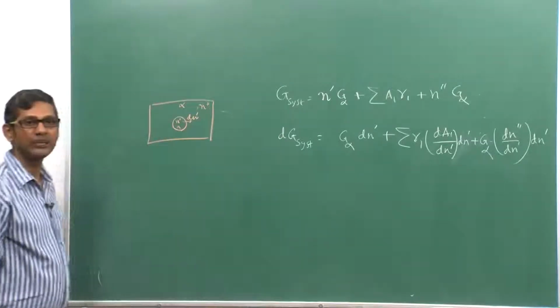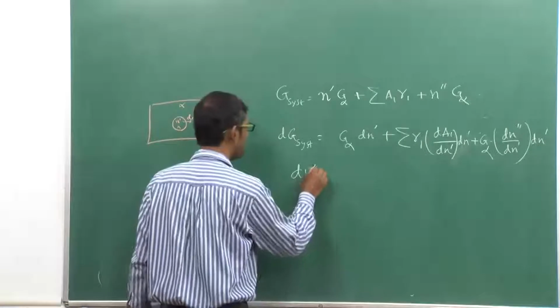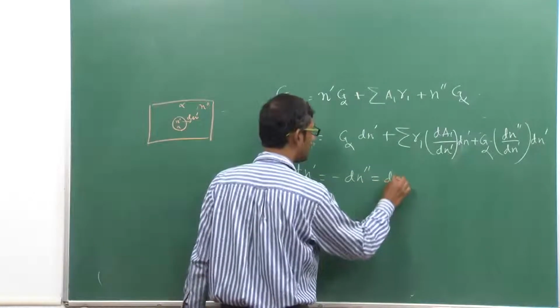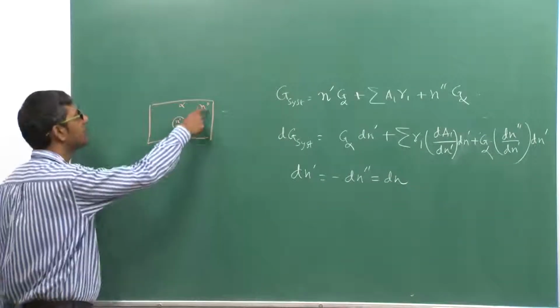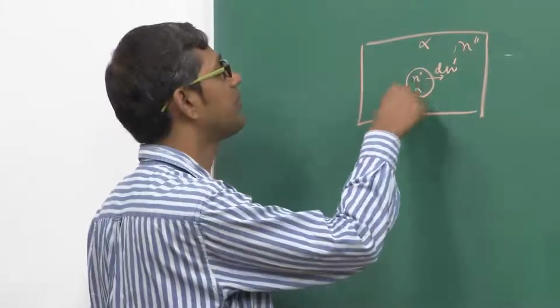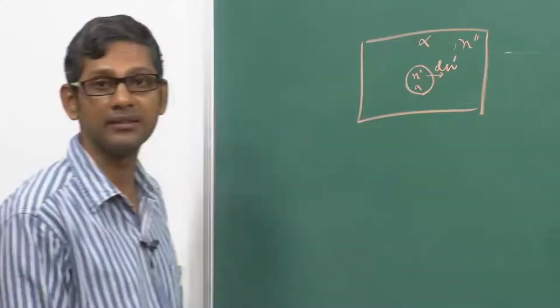Now, as you know, mass needs to be conserved. Whatever is transported from the small grain, dn prime, is added to the big grain, so there is no mass loss.